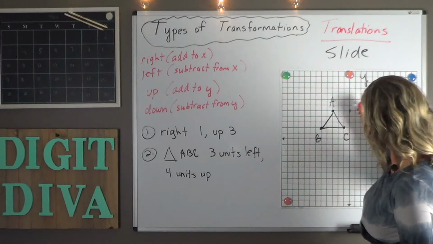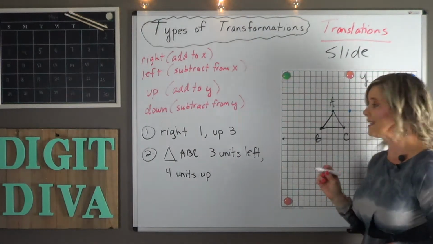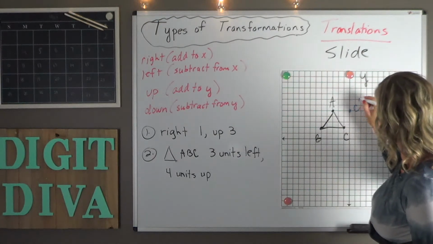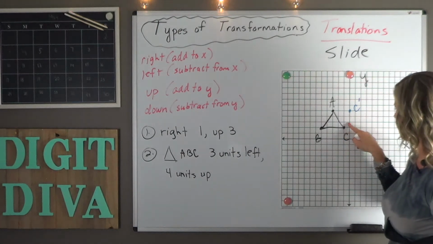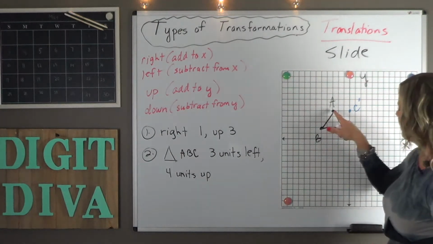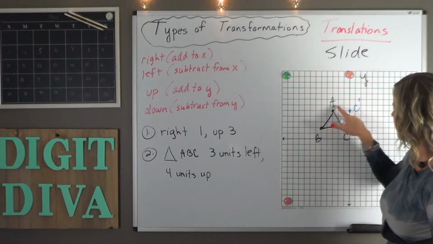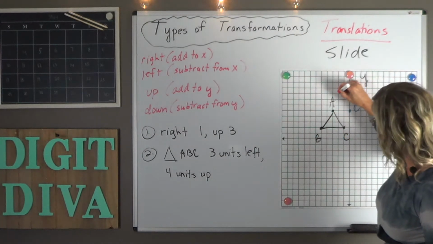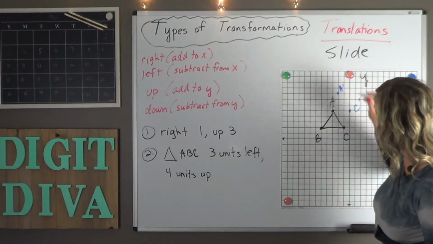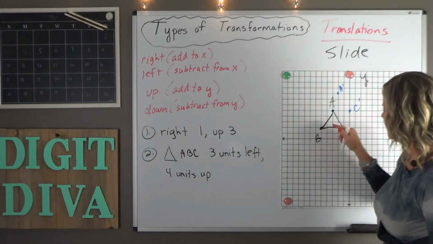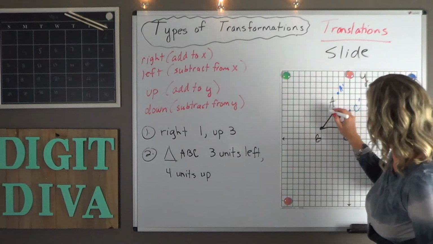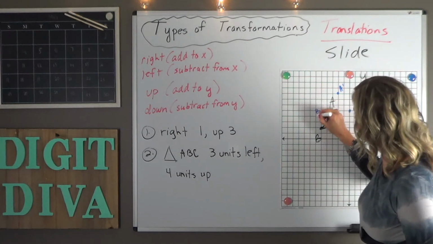So my new C, which is known as C prime, would be located here. I went to the right once and up 3, okay? My new A, right once, up 3 times. So I have a new A, known as A prime. My new B, right 1, up 3, and I have my B prime.